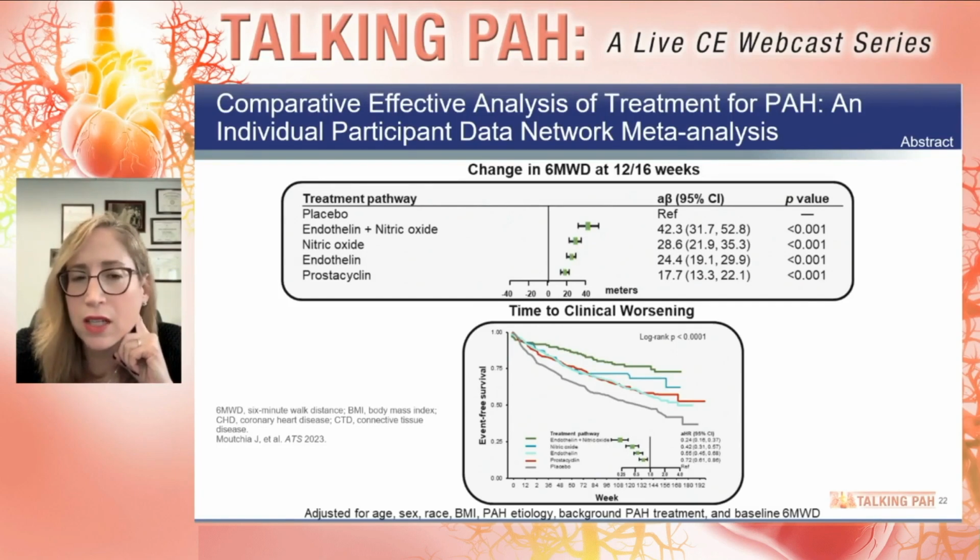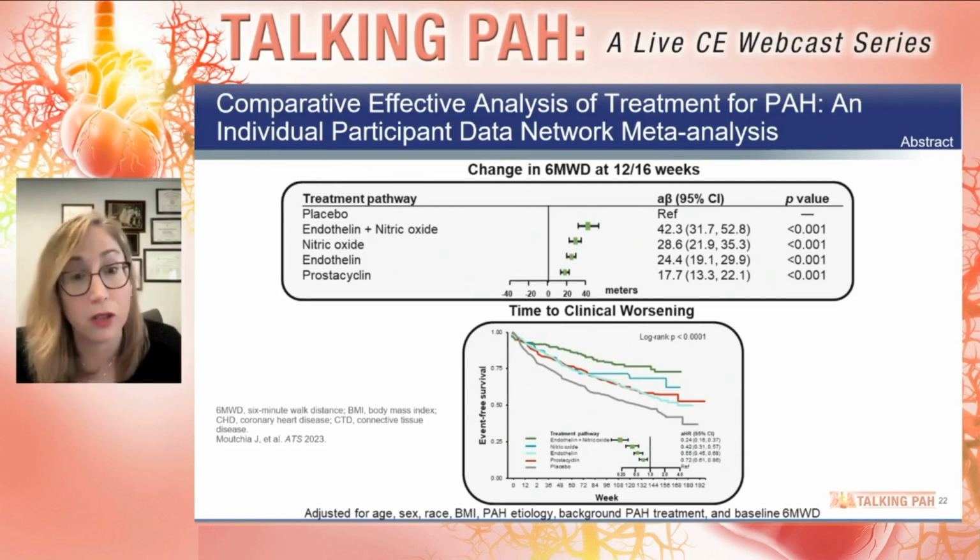What you can see is that all patients compared to placebo did better, regardless of the pathway, but when you had a combined pathway, endothelin and nitric oxide, so combination therapy, these patients had less clinical worsening and had more of a change in 6-minute walk. So it really confirmed what we learned in AMBITION and what we've seen thus far.